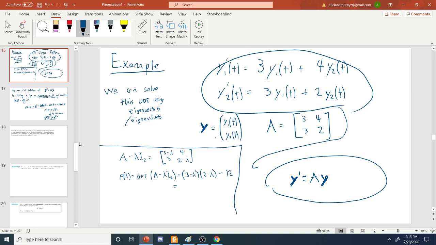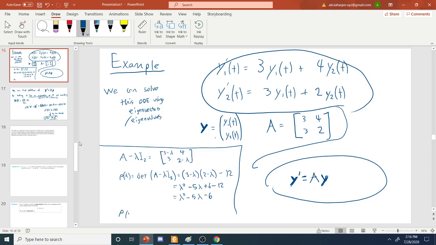And so if we simplify this, we're going to get lambda squared minus 5 lambda plus 6 minus 12. So this is lambda squared minus 5 lambda minus 6.